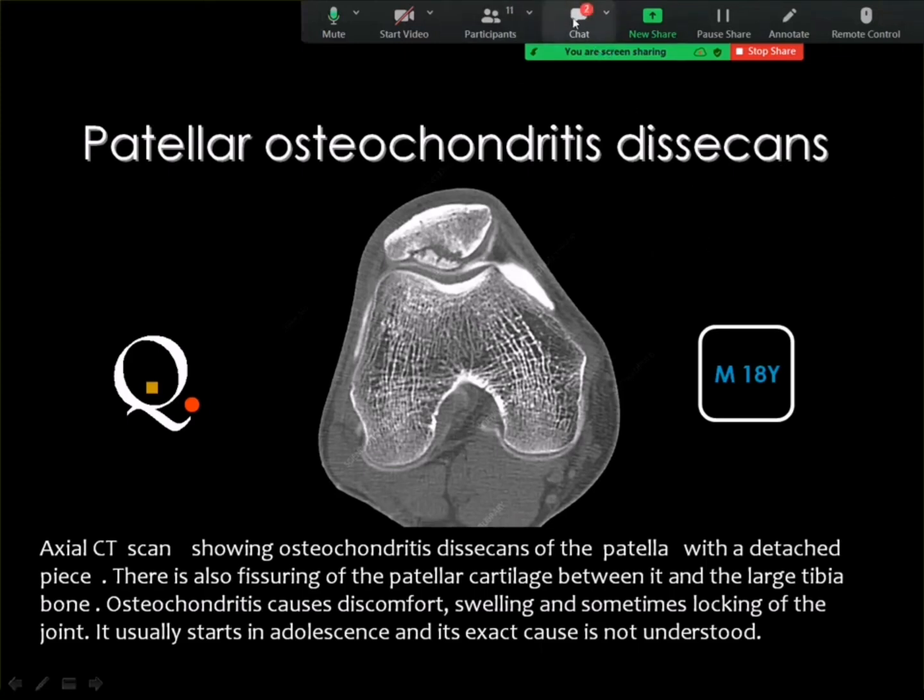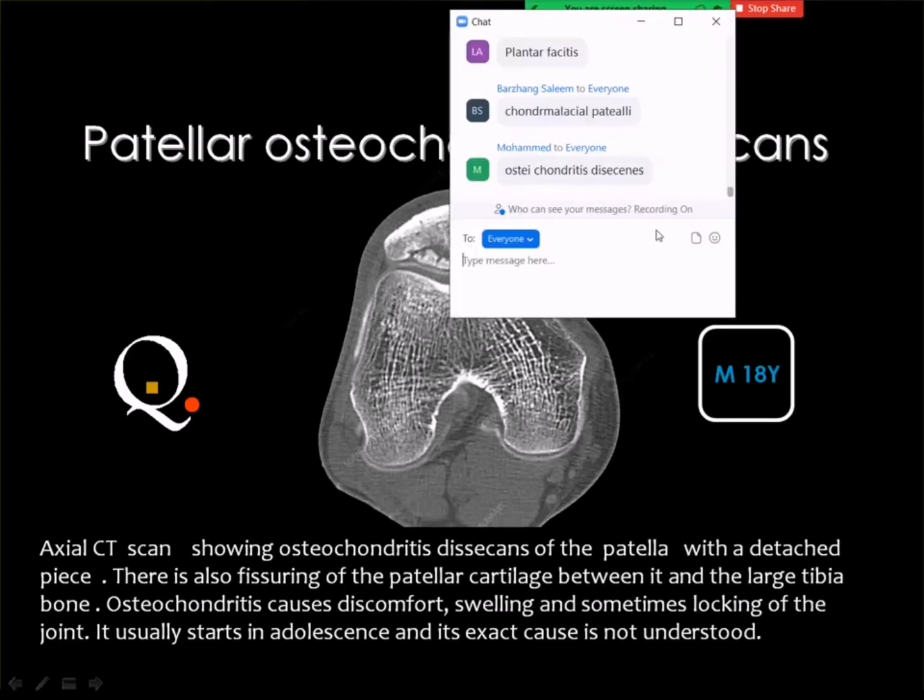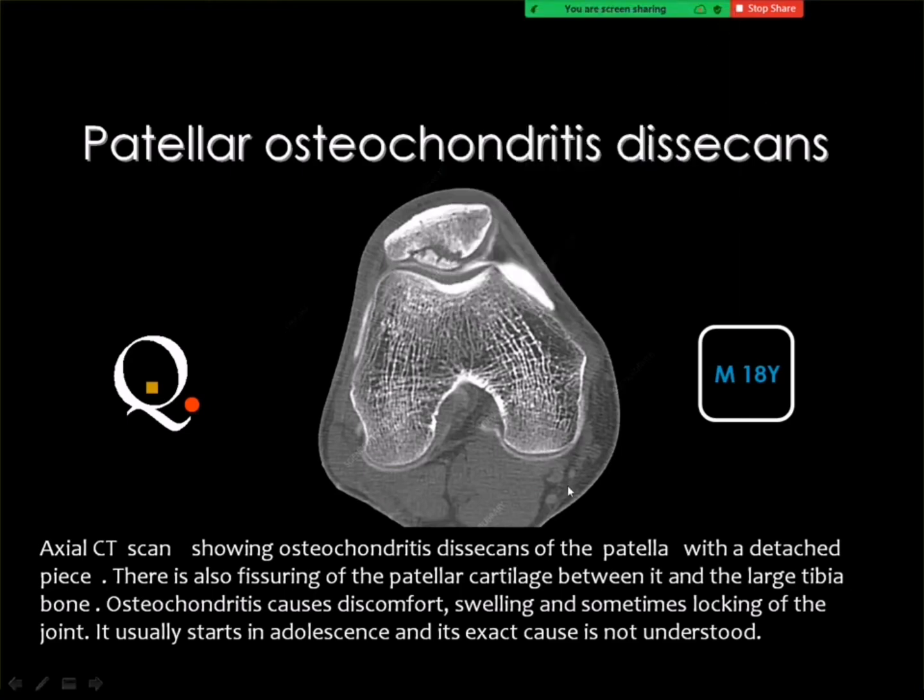This is osteochondritis dissecans of the patella. This is right. You know that osteochondritis dissecans is a term applied for avascular necrosis in the femoral condyle. But this term can also be used instead of avascular necrosis, which means the same. And this can also affect the patella, as you can see here.